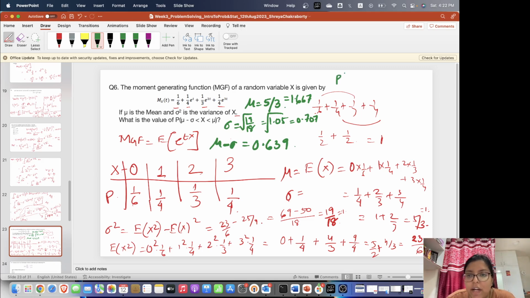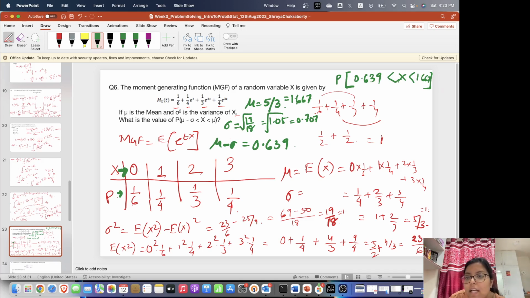Now we want to find out the probability that 0.639 is less than x less than 1.667. Okay, now here x is taking discrete values with certain probabilities. So it can take value 0, the next value it can take is 1, the next value is 2, nothing between 0 and 1.